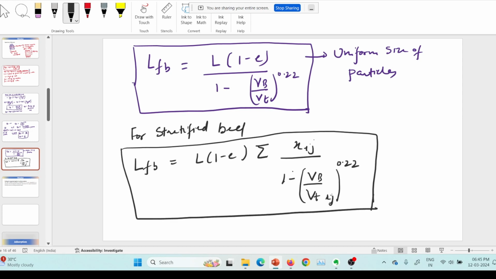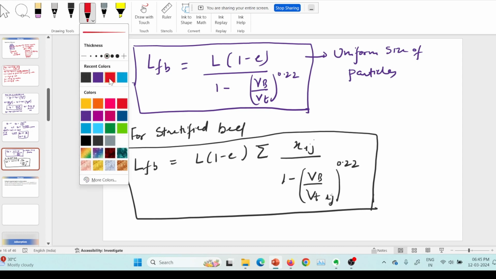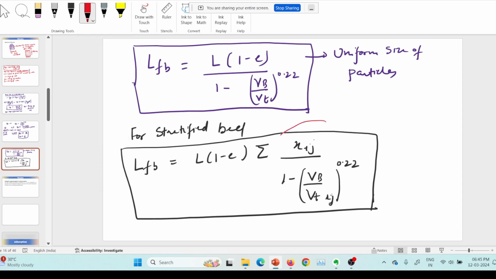So we'll calculate this term for different layers.